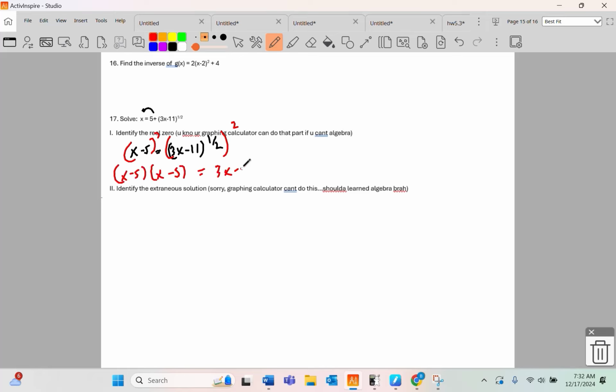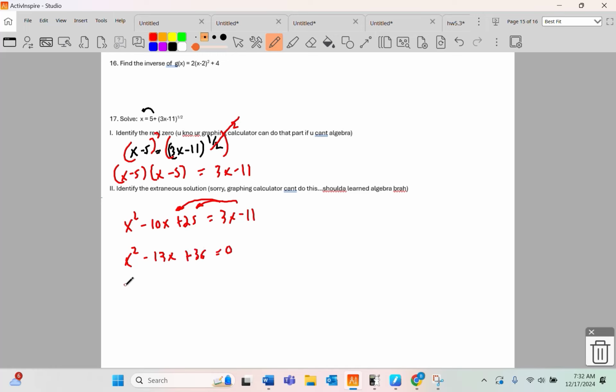Right-hand side, we have cancellation. So x minus 5 times x minus 5 is x squared minus 10x plus 25, and it equals 3x minus 11. Going to shift everything left. X squared minus 13x plus 36 is nothing.